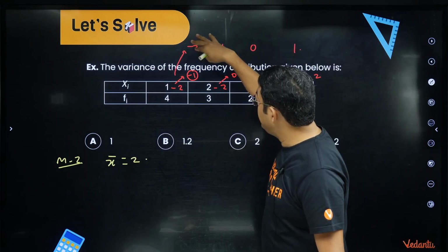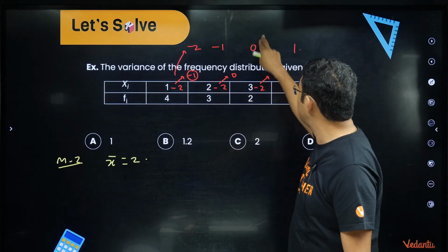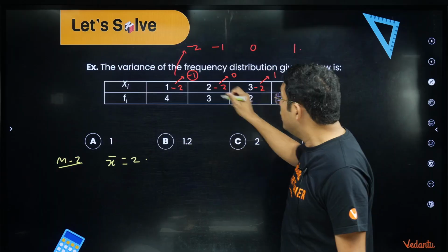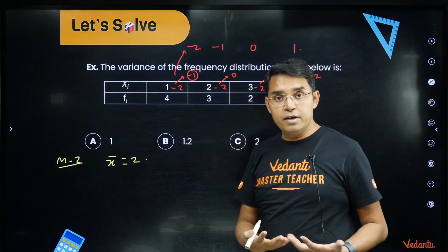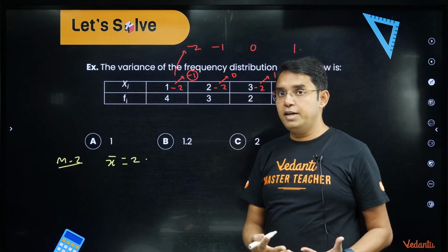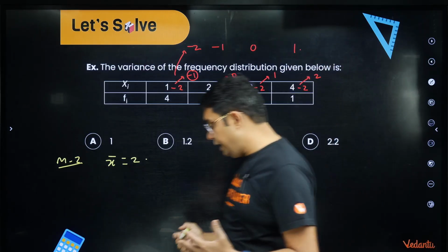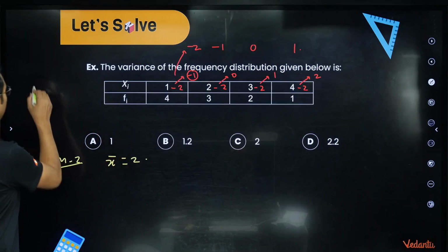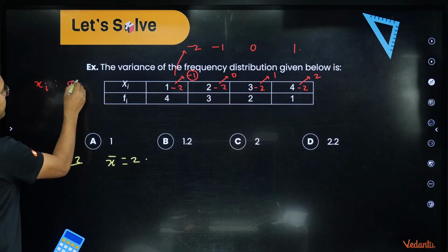Now for the same data set, minus 2, minus 1, 0, 1 occurring 4 times, 3 times, 2 times and 1 time, or for minus 1, 0, 1, 2, or for the original given data, you will get the same variance. That is a very important property. Let me write it here. Suppose your data is xi and its variance is sigma square.